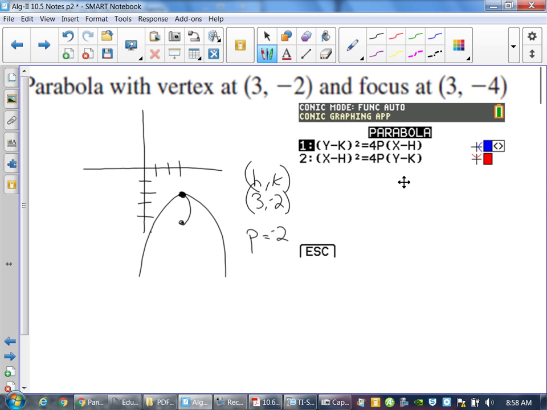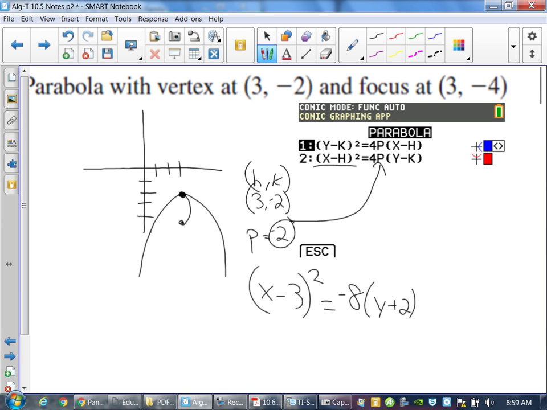Fill in the blanks. So we have x minus 3 quantity squared equals, can I just write -8? The reason I'm writing -8 is because I'm taking this -2 for p, 4 times p, right away. And then I have y plus 2. I'm done.